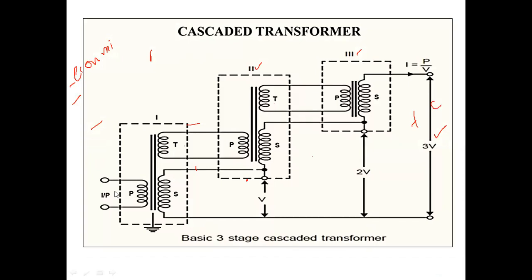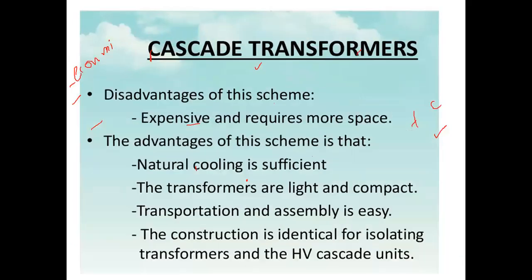But now we have three units, so the cooling requirement will also be increased in this case, and the space requirement will also be increased. So, expensive and requires more space.